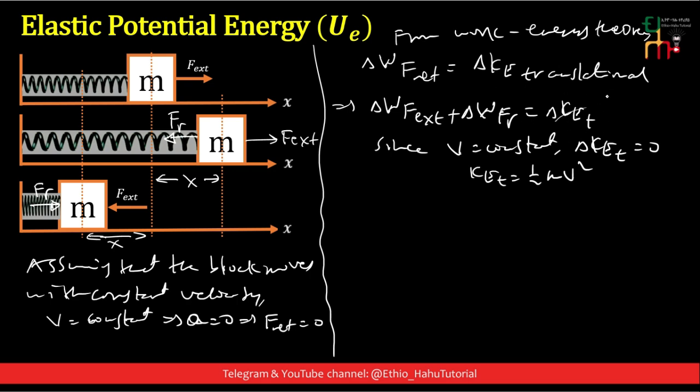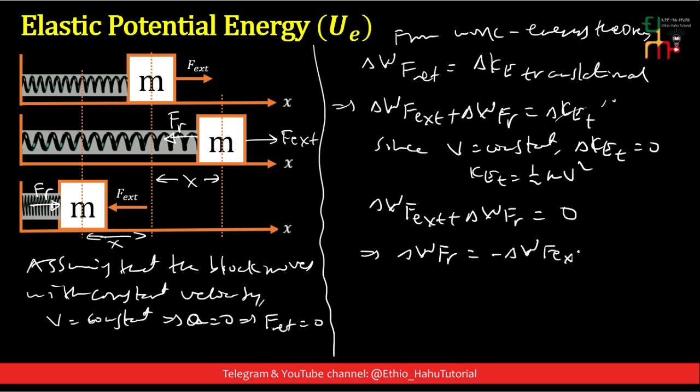Therefore, work done by the external force plus work done by the restoring force is equal to 0. This implies work done by the restoring force is equal to minus the work done by the external force.